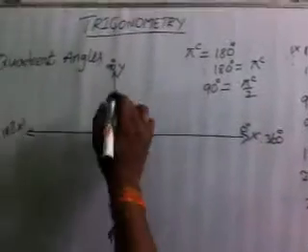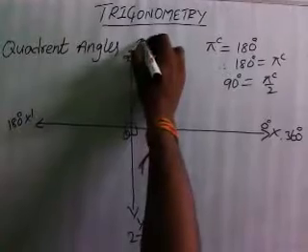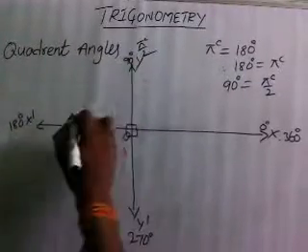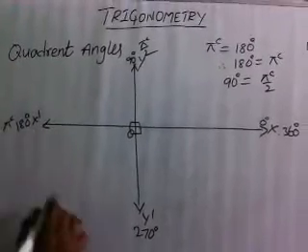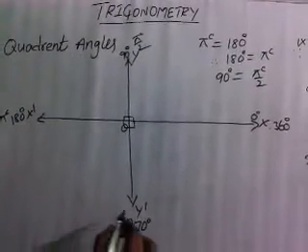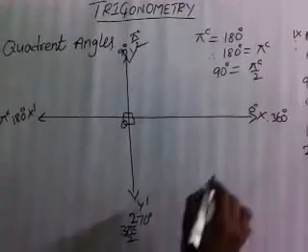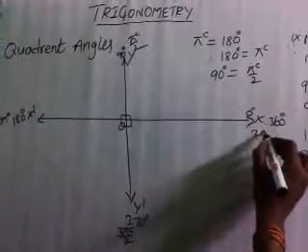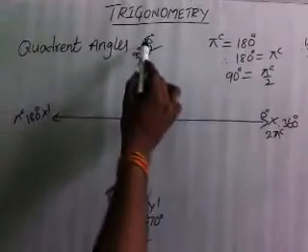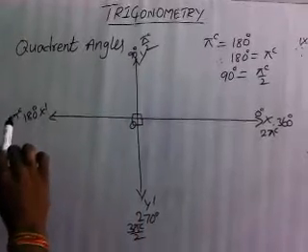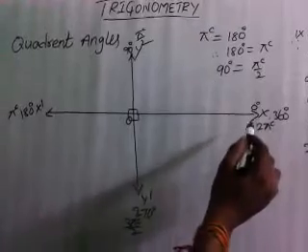Therefore 0 degrees, 90 degrees is pi radians by 2, 180 degrees is pi radians, 270 degrees is 3 pi radians by 2, 360 degrees is 2 pi radians. So these angles, 0 degrees, pi radians by 2, pi radians, 3 pi by 2, 2 pi, are called quadrant angles.